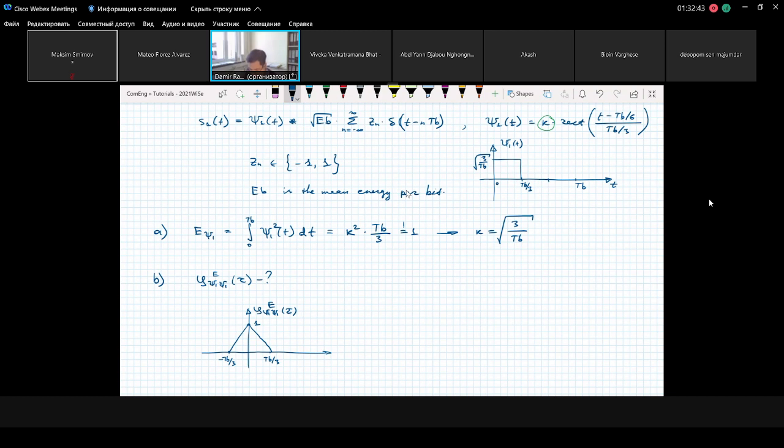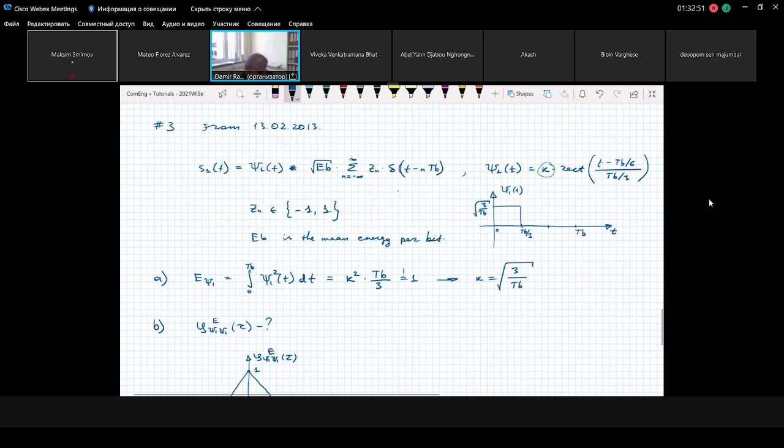Okay. Next part, we need to say what's the autocorrelation function of part S_D. And S_D is everything we have on the right side of our original signal, S_D of t, this discrete part of our signal. We need to find the autocorrelation function for this discrete part.